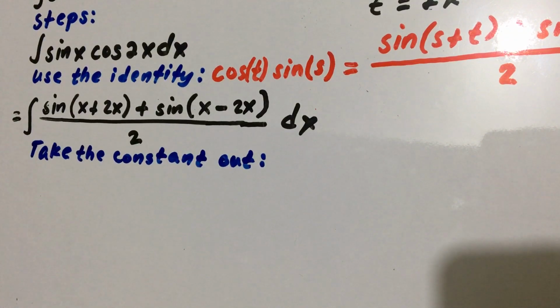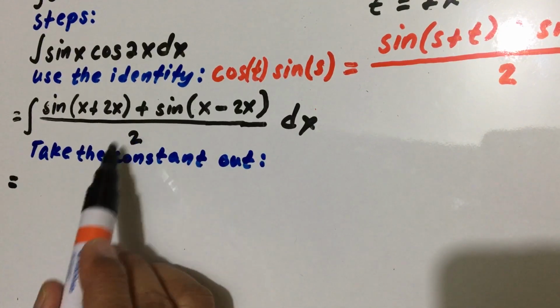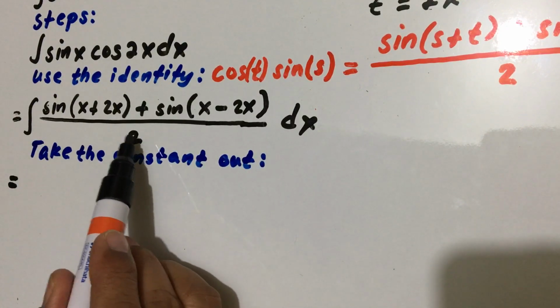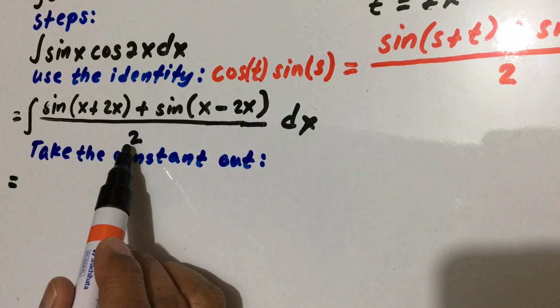So what is left now, class, is that we need to put this outside, on the left side of the integral. This is understood to be 1/2.